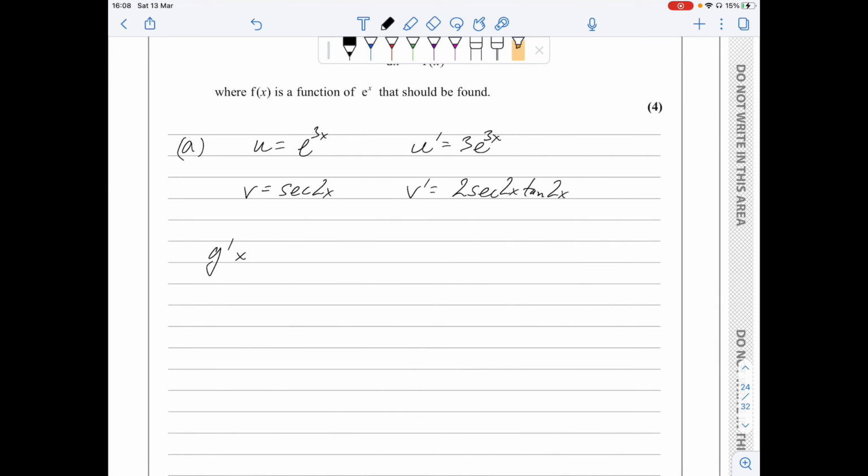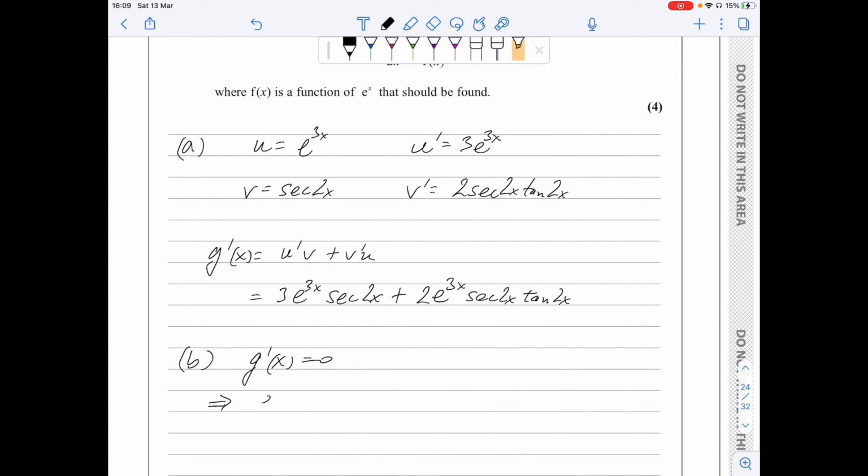So g dash of x equals u dash v plus v dash u. Let's put in the functions. 3e to the 3x sec 2x plus 2e to the 3x sec 2x tan 2x. In part B, I need the derivative to be equal to 0.